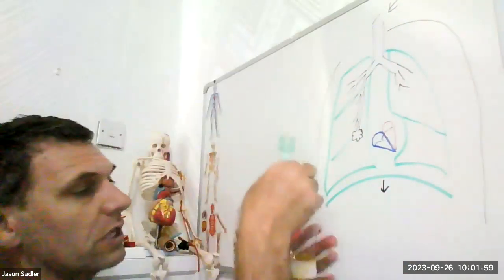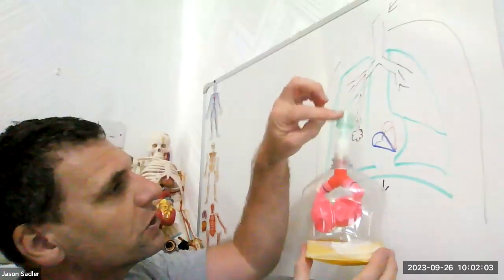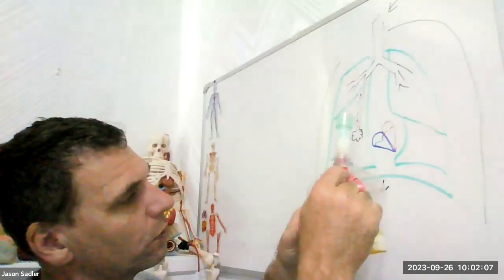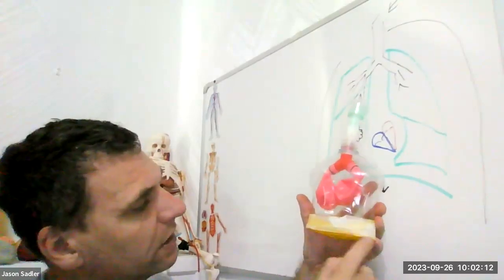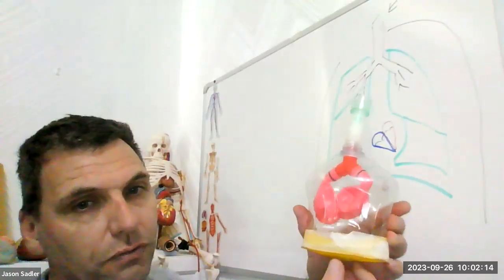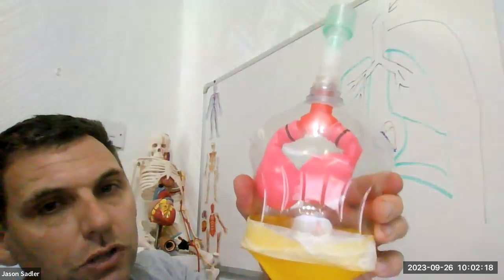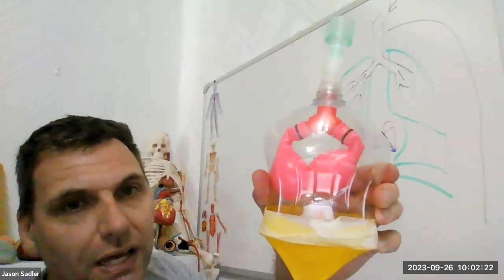On this little model here, again, this represents the same thing. This is the trachea. This is the branching off, so the bronchus going into each lung. And then we've got each lung hanging. This yellow bit down here is the diaphragm. So I'm going to bring this in closer. Look what happens when I pull the diaphragm down. The balloons, the lungs, inflate within the thoracic cavity.